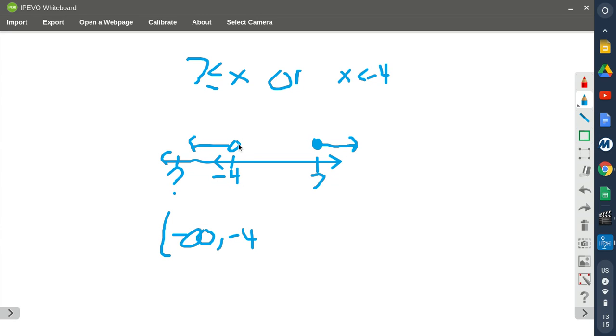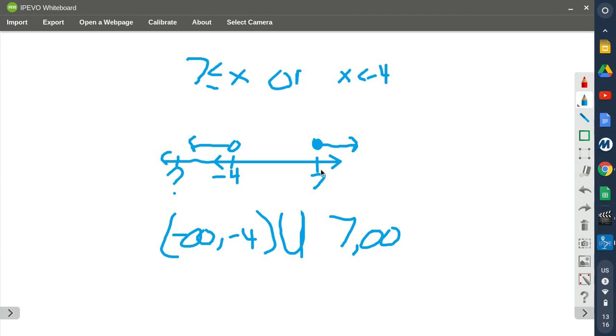Then, can it include -4? That's an open circle, so no. What about this 7 over here? You write a capital U here, and that means OR. Then you have your second numbers, which go from 7 to infinity, because it's greater than.